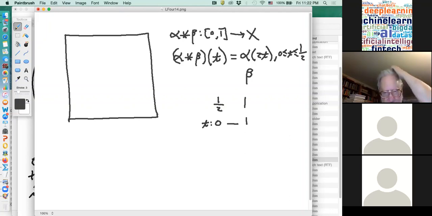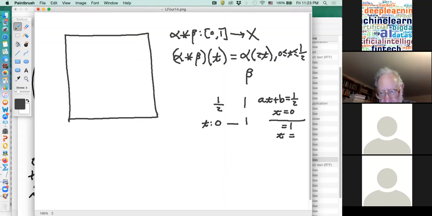So I didn't think this through beforehand. So what do I do? I need that at plus b should be equal to 1/2 when t is equal to 0, and it should be equal to 1 when t is equal to 1.